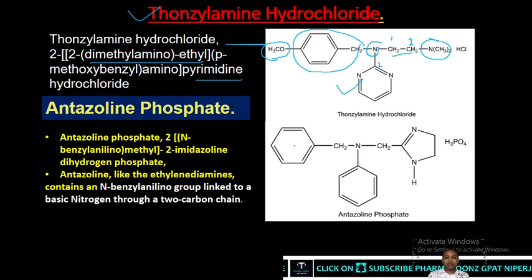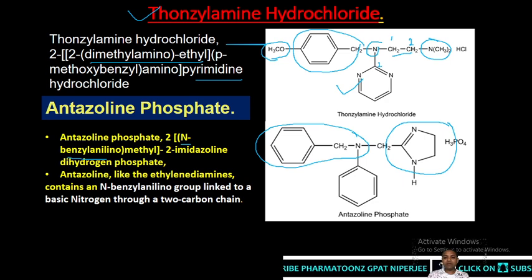Last is antazoline. In antazoline, the basic ring present is imidazoline. Start with the 2, then N-benzyl anilino. So this whole is called benzyl anilino methyl. This is a methyl group, and then 2-imidazoline.